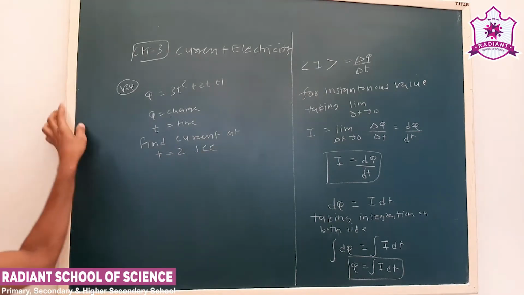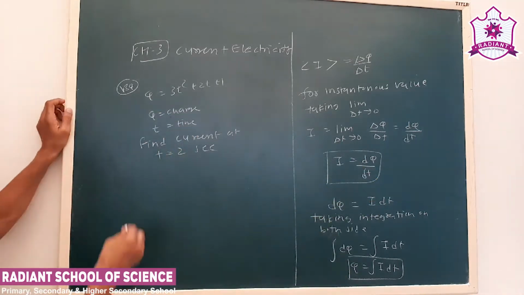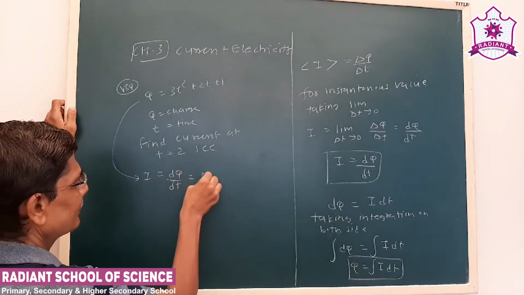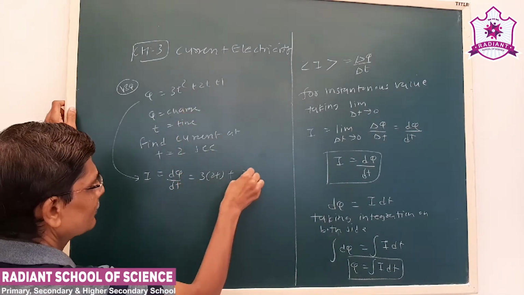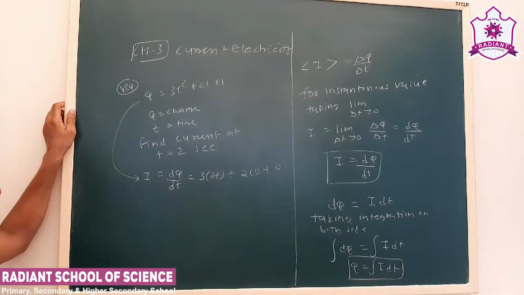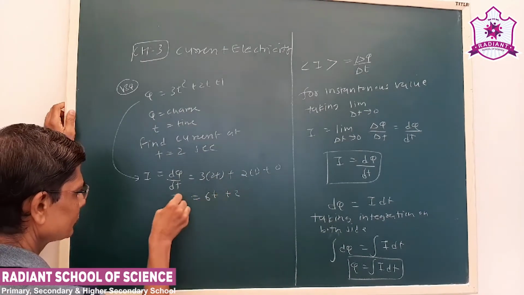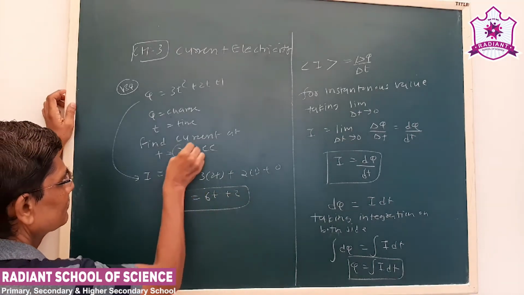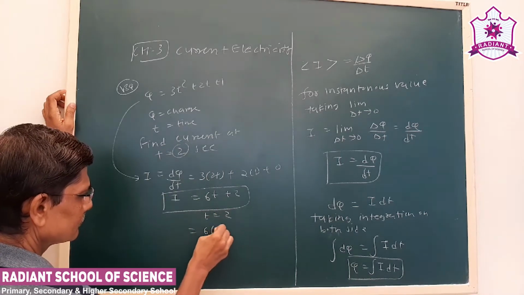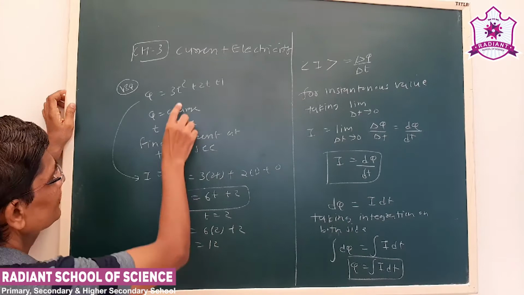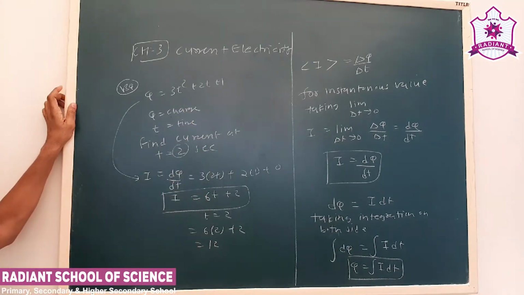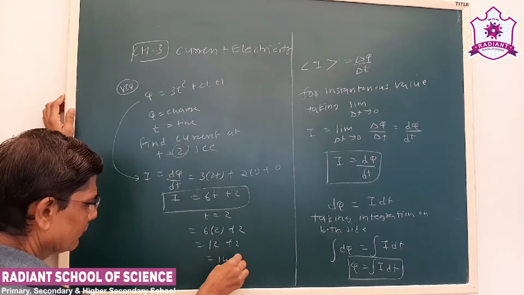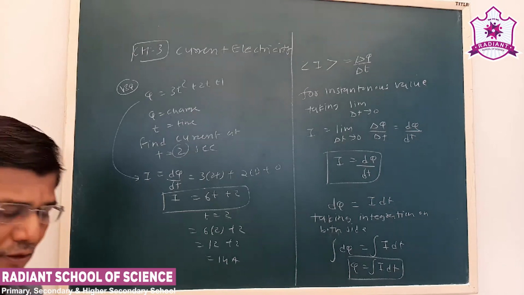We know the formula I is equal to dq by dt. So if I take the derivative, the derivative of t square is 2t, the derivative of 2t is 2 into 1, and the derivative of 1 is 0. So this will be 6t plus 2. This is the equation for the current. Now if I take t is equal to 2 seconds, 6 into 2 is 12, plus 2, that is 14. So this is how we can find out the current also.